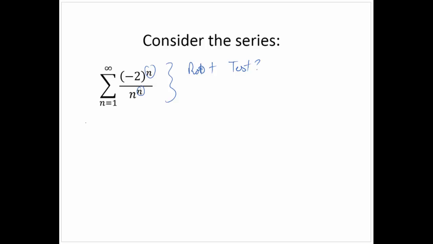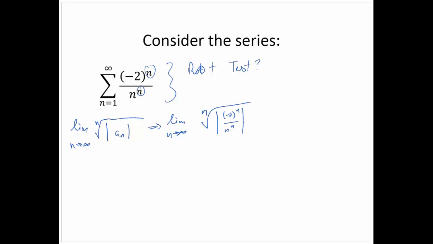I'll take the limit, n approaching infinity, of the nth root of the absolute value of a sub n. So that's the limit, n approaching infinity, of the nth root of the absolute value of negative 2 to the n over n to the n.